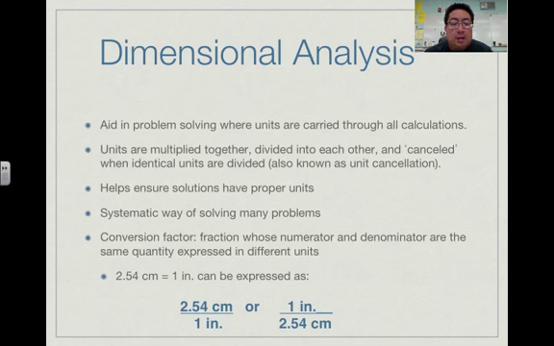What we're going to be primarily using are ratios and expressing conversion factors in terms of fractions. These are ways to represent equalities between units of measure. For instance, if I have 2.54 centimeters equals 1 inch, I can use it in dimensional analysis in one of two ways. I can make 2.54 centimeters over 1 inch, or the reciprocal, and it'll all depend on what unit I'm trying to cancel out.